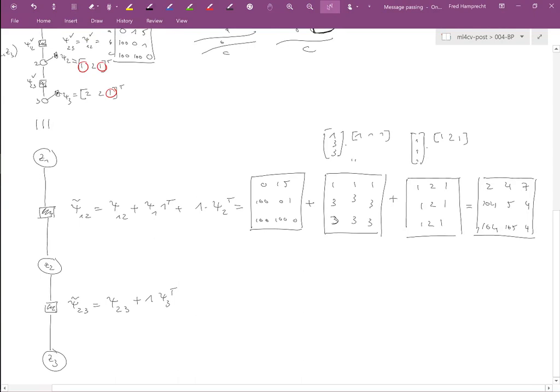Everybody fine with that? Why for the tilde psi12 we consider the 2 prior terms, but for the tilde psi23 we just consider 1? Okay, so I could also have done this. I could have added 1/2 here, and I could have added the other half of this potential down here.